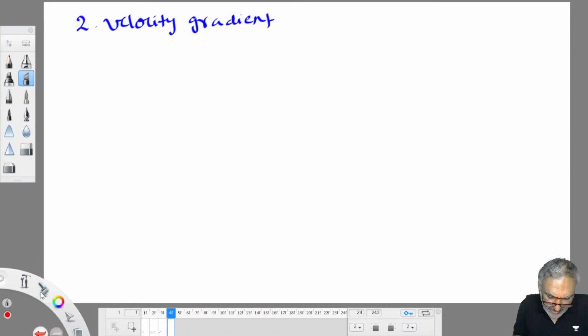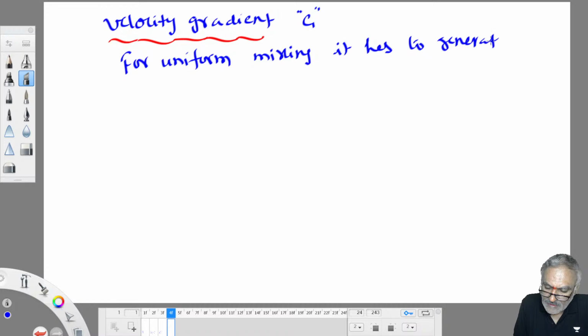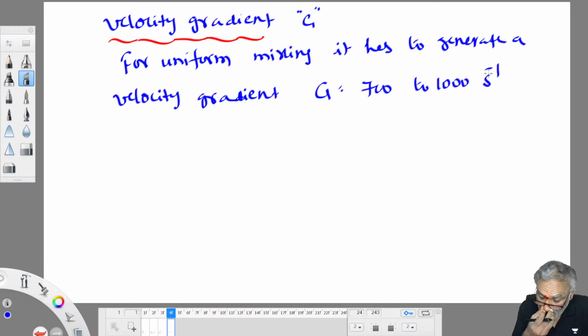When you design this rapid mixing unit, we design it in such a way that it has to produce a velocity gradient, denoted by G, anywhere between 700 to 1000 second inverse for uniform mixing. The unit of G is second inverse, that is 1 by second.